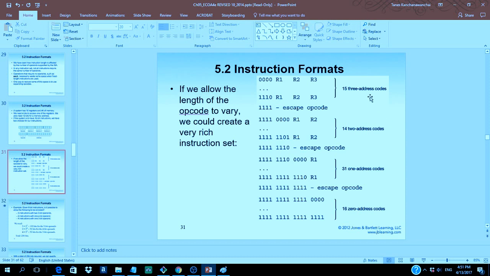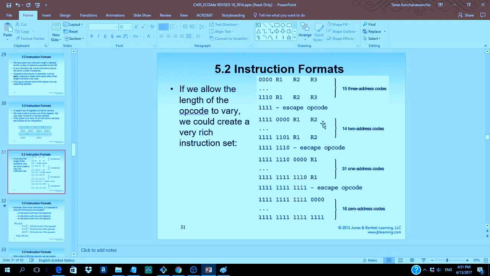And then we also require 1111 to separate the sections, otherwise we don't know, right? When it starts with 1111, we talk about 2 registers, R1, R2. Make sense? We use that as an escape to separate them.